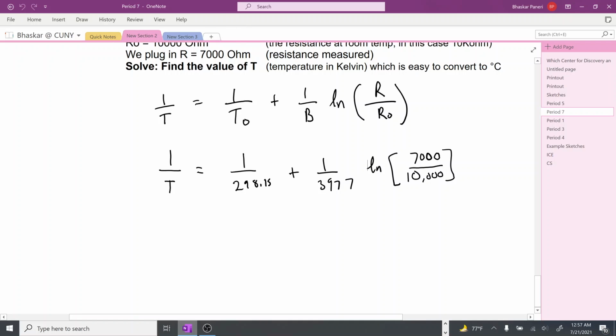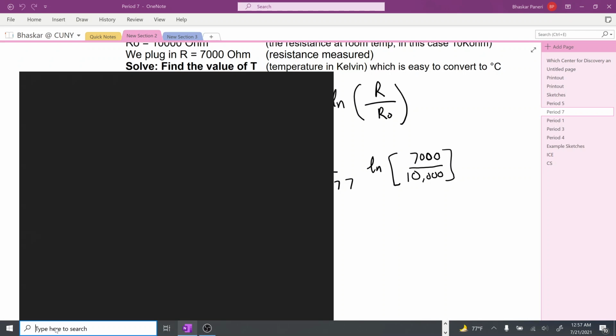So let's do this first here, 7,000 divided by 10,000, and let's do that on the calculator. I'll pull that out.